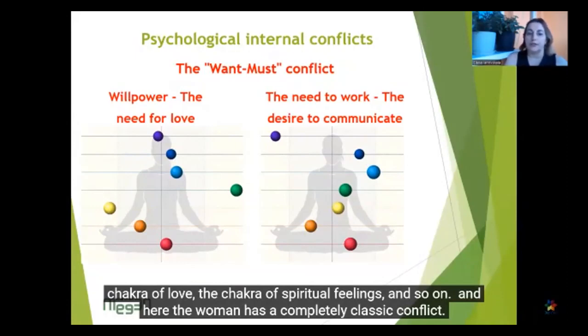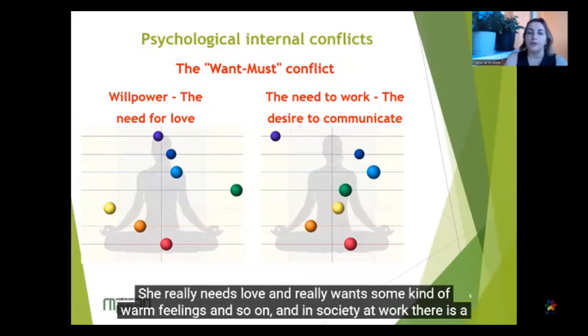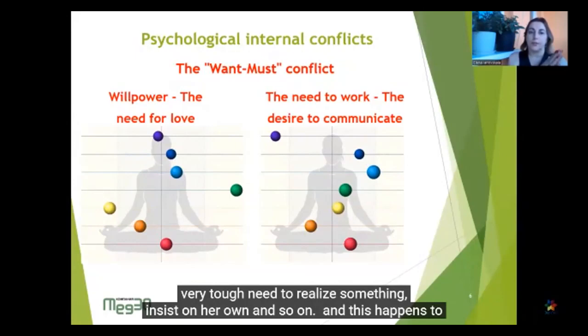Here the woman has a completely classical conflict. She really needs love and wants warm feelings, but in society, at work, there is a very tough need to realize something, insist on her own opinion, in a very competitive environment.